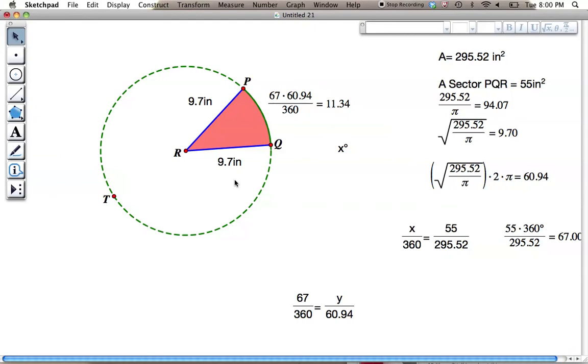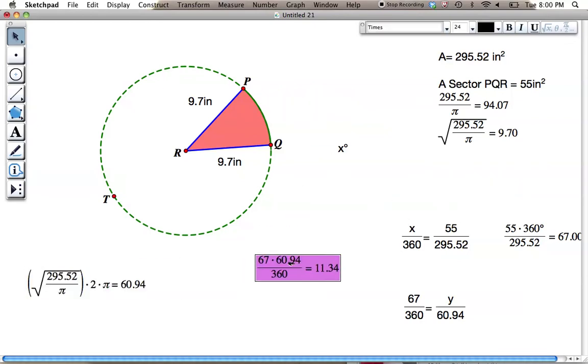Now I wish to find the perimeter of the unshaded region. The perimeter of the unshaded region is just going to be the perimeter of the entire circle minus 11.34. So we're going to have 60.94 minus 11.34, and then we're going to add 9.7 times 2, because we're going to have this whole circumference minus the arc, plus this length plus this length.